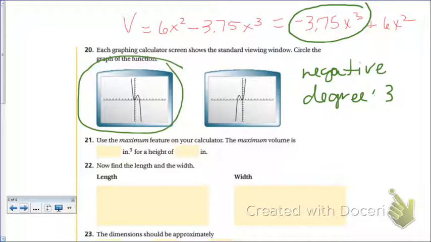Then it says use the maximum feature on your calculator to find the maximum volume in cubic inches and what's the height. So our maximum point, if we're looking at this graph up here, is that value. So we want to know what the x and y coordinates are. The y, the output, is going to be our volume, and the x is going to be our height.